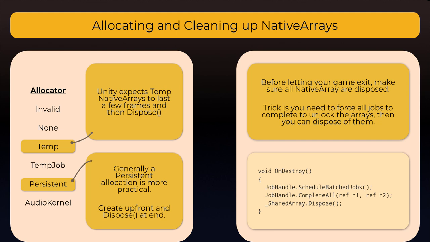It took me a little while to figure out that I need to use ScheduleBatchedJobs to force them all to execute. I tried just doing a Complete in the OnDestroy method, and that didn't work, I think, because Complete might require a following frame. It's not clear how Unity make Complete work, but this definitely works.